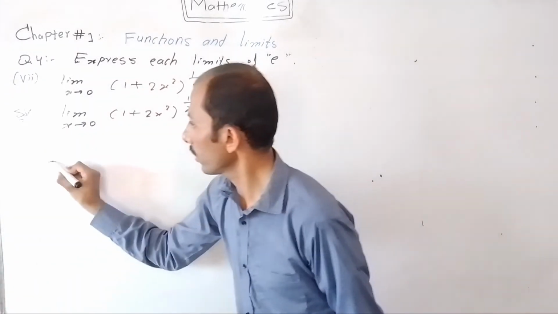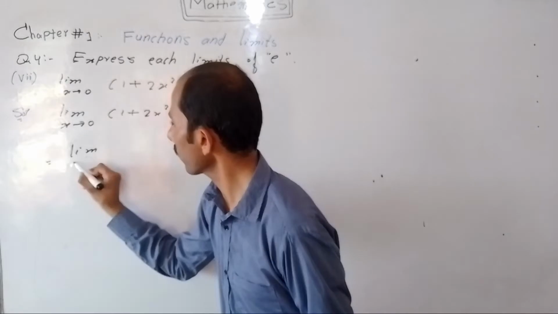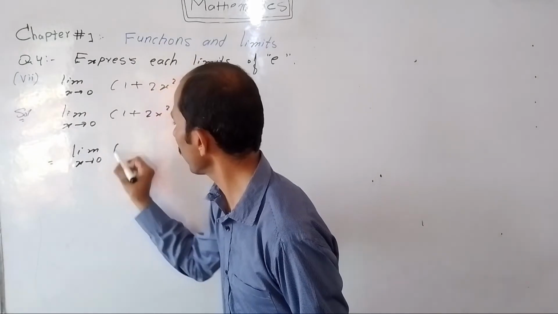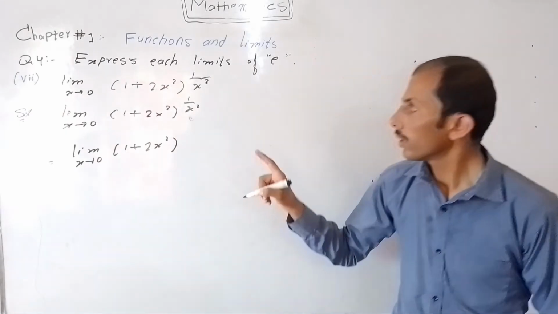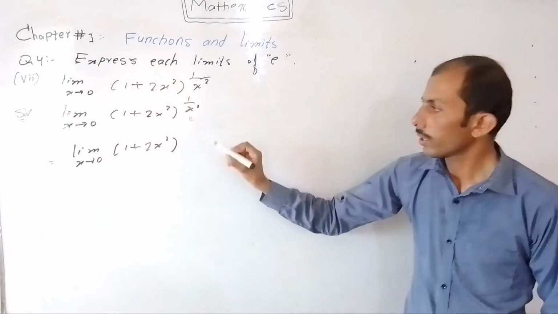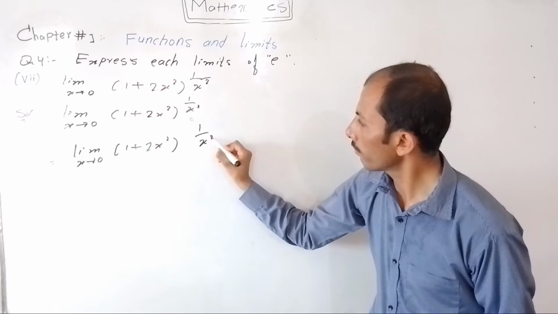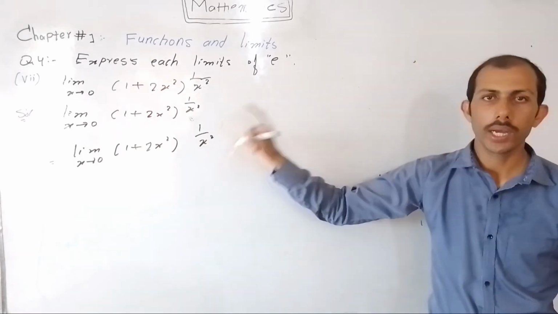Limit is equal to limit x approaches 0 of (1 plus 2x square) whole power 1 divided by x square, multiplying and dividing by 2.